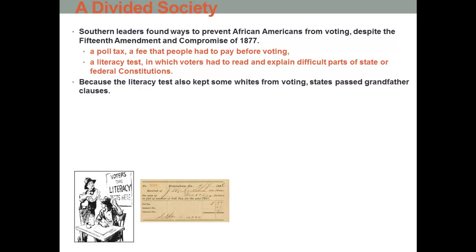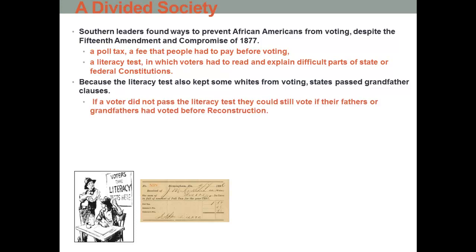But there were also many whites that could not read, and the literacy test was also keeping them from voting. So the states passed a grandfather clause. If someone did not pass the literacy test, they could still vote if their fathers or grandfathers had voted before Reconstruction. Some states even resorted to violence to discourage African Americans from showing up to vote.